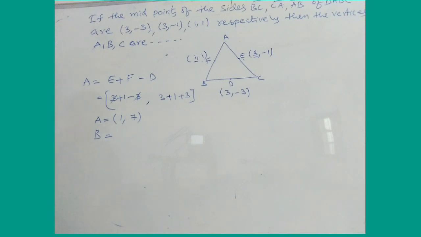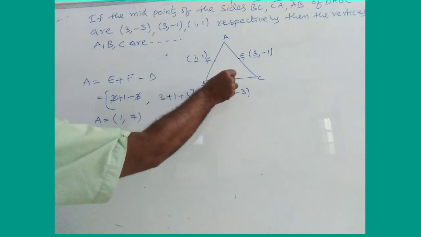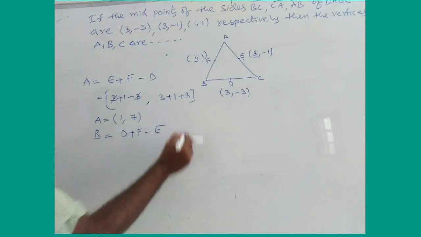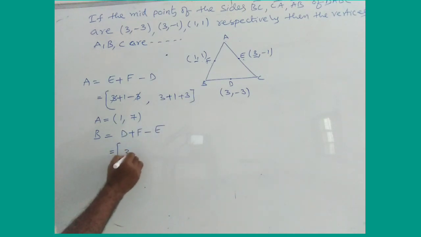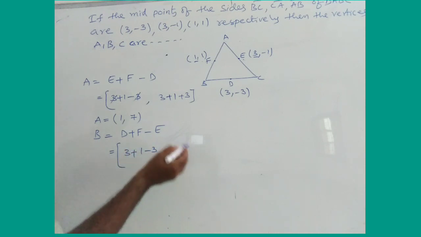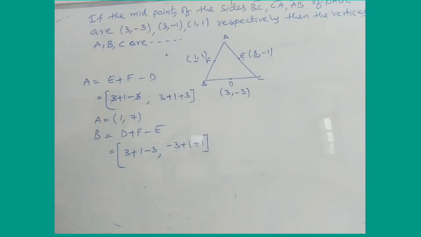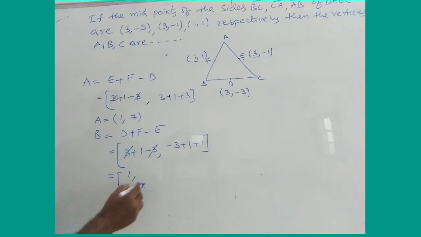And similarly to find B, same rule, sum of the adjacent minus opposite: D plus F minus E. With x coordinates, 3 plus 1 minus 3. With y coordinates, -3 plus 1 and minus of -1 will be plus 1. Again this is 1, -1.